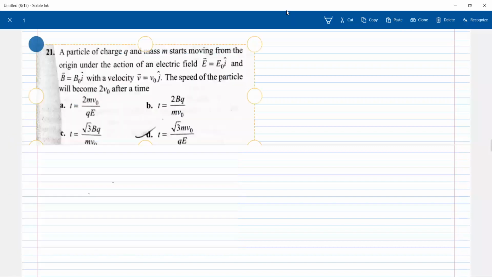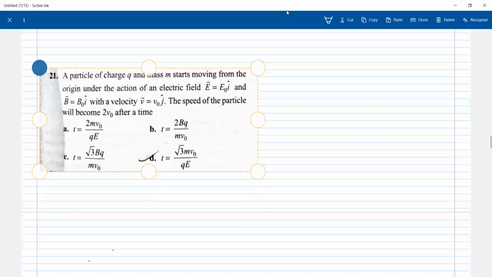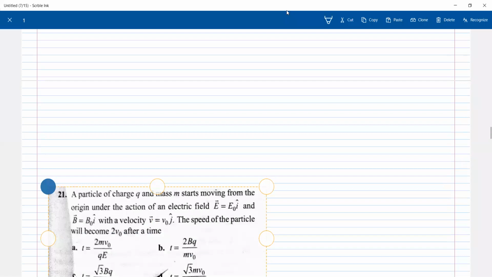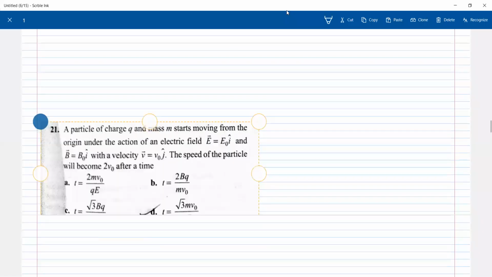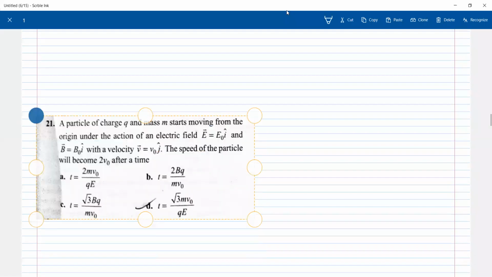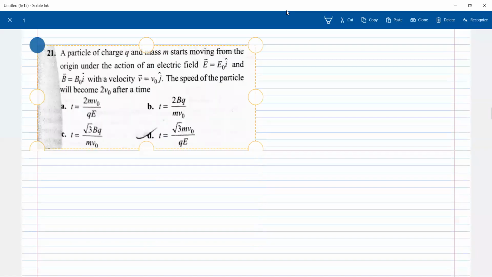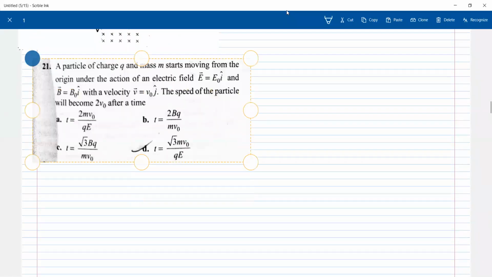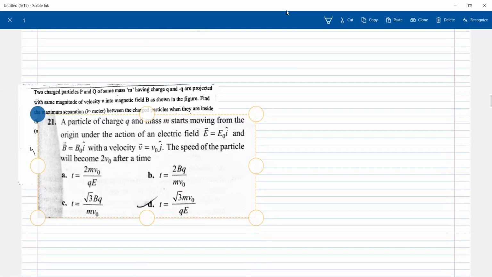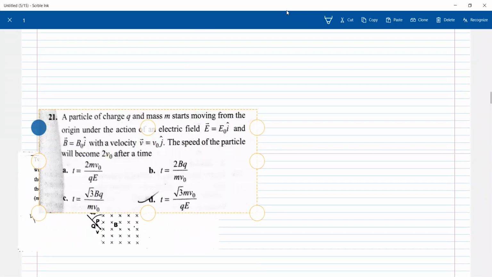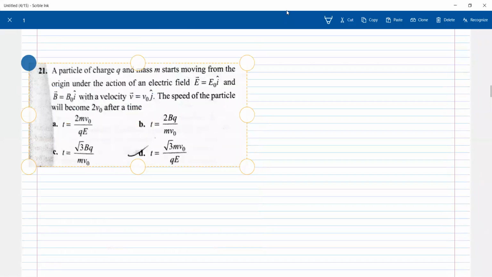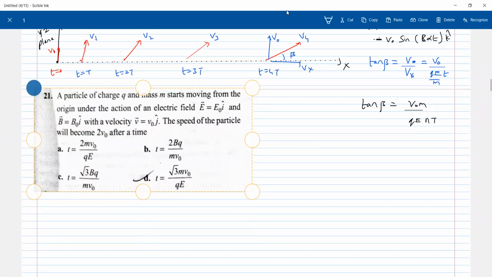Let me introduce it here only. Learn systematically so that you can manage many numericals rather than just doing numericals. Just look at some conditions; with that, you can easily handle especially this helical path. Okay, let me introduce this question here.